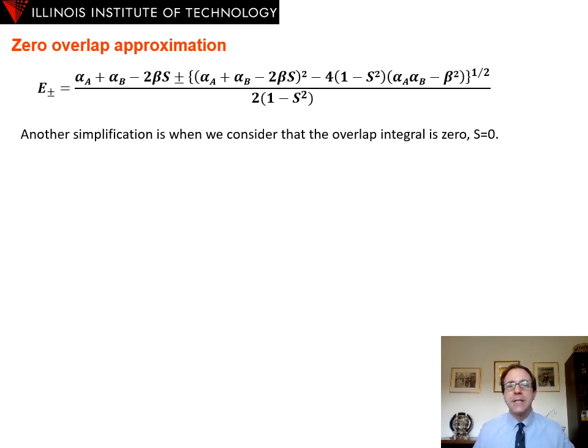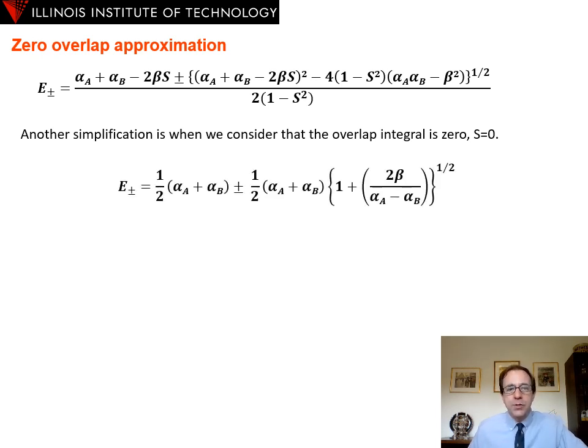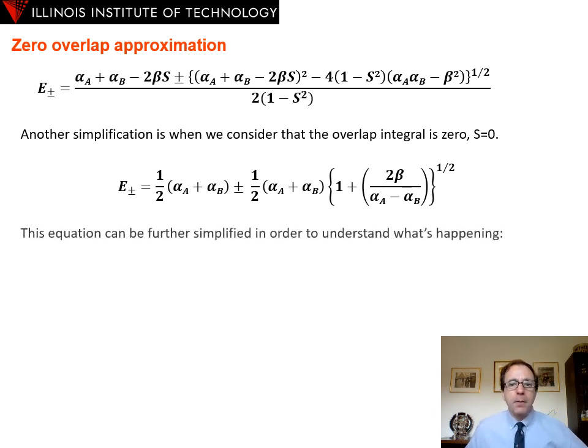So everywhere there's an S term, if we drop it to 0, the equation simplifies a great deal. It's still a little complicated, but it's much simpler than it was when we had the S in it. But it's simple enough that we can do a further approximation.